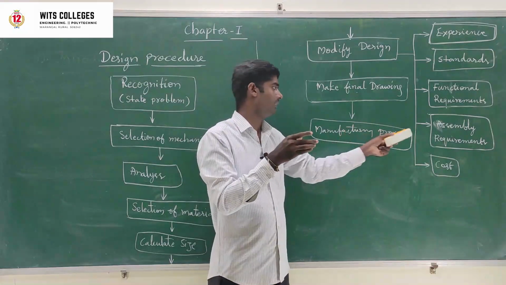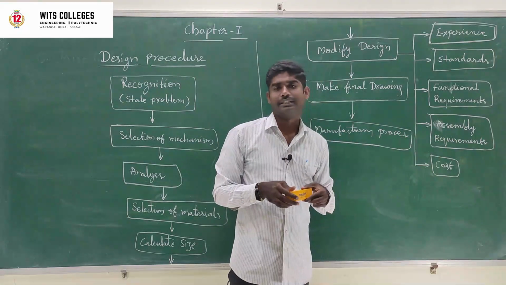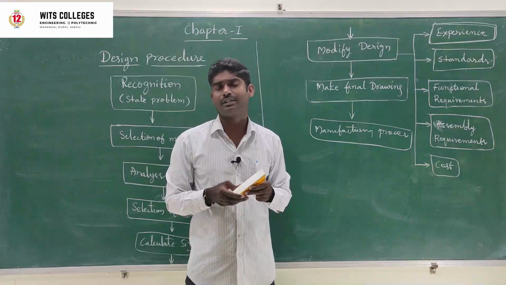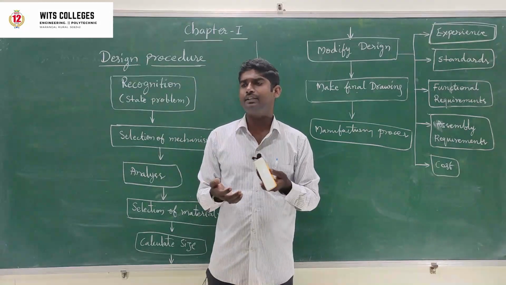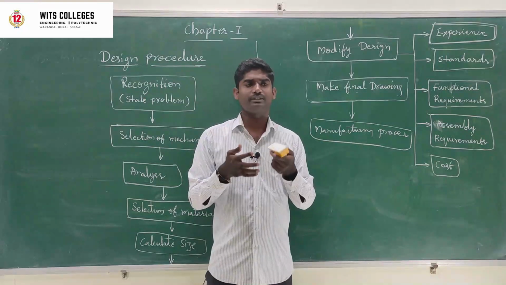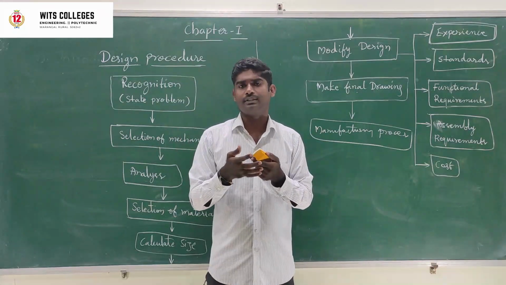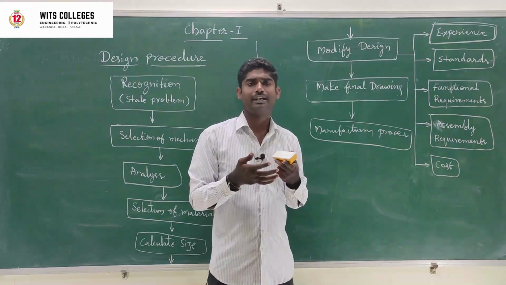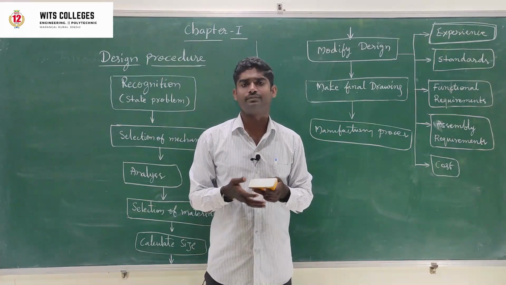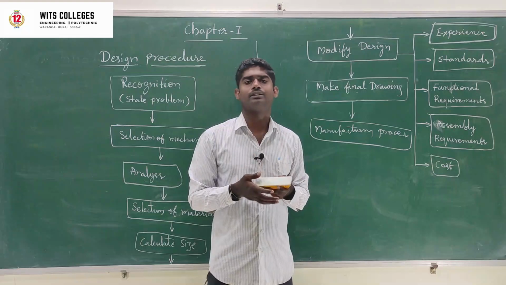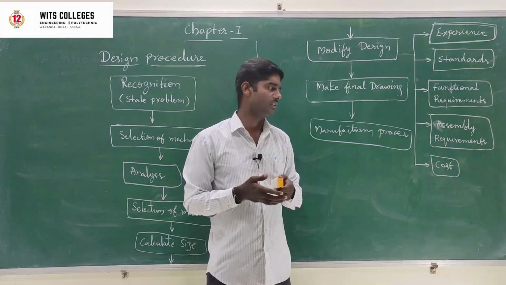That is called assembly requirements. In these assembly requirements, if you want to assemble a lot of parts, our requirements are limits, tolerances, and fits. These are the assembly requirements.